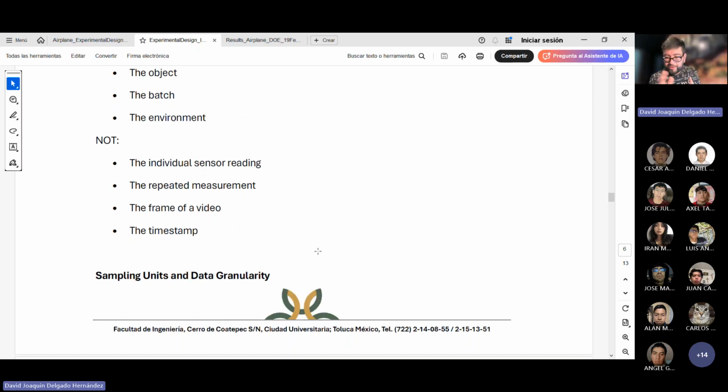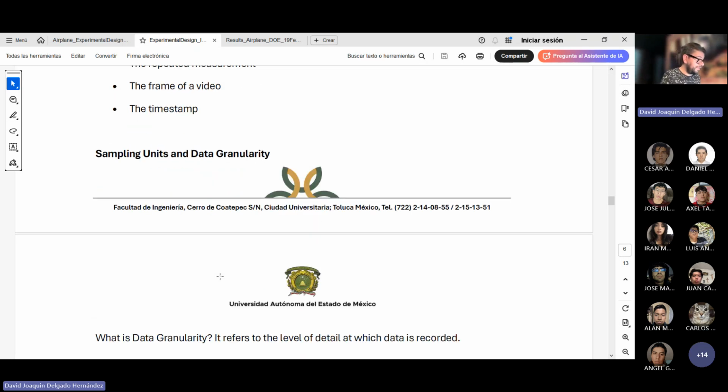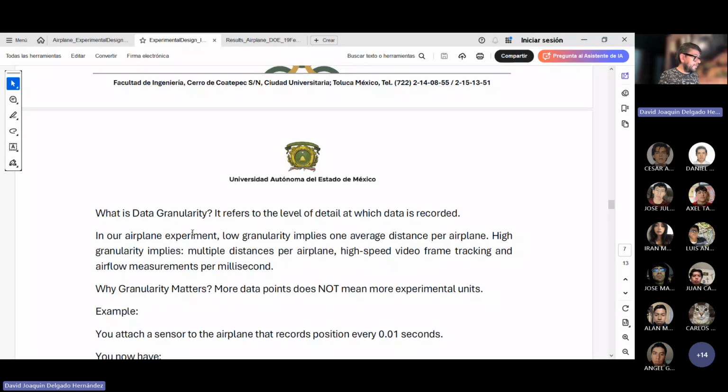So another important concept here is data granularity, okay? Sampling units and data granularity. What is data granularity? It refers to the level of detail at which data is recorded. In our airplane experiment, low granularity implies one average distance per airplane, and high granularity implies multiple distances per airplane.